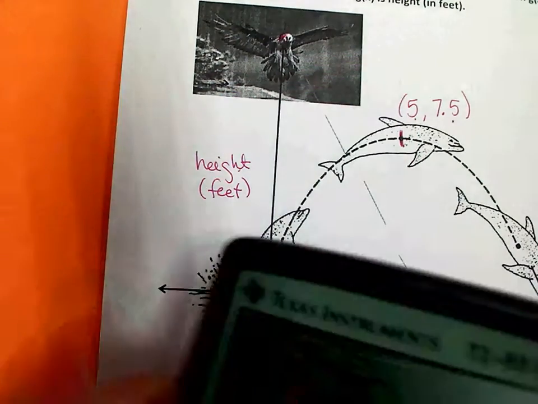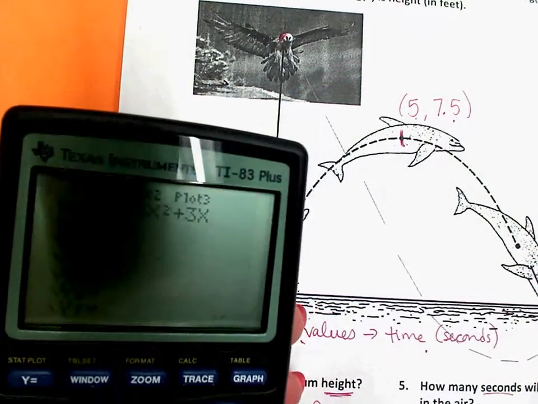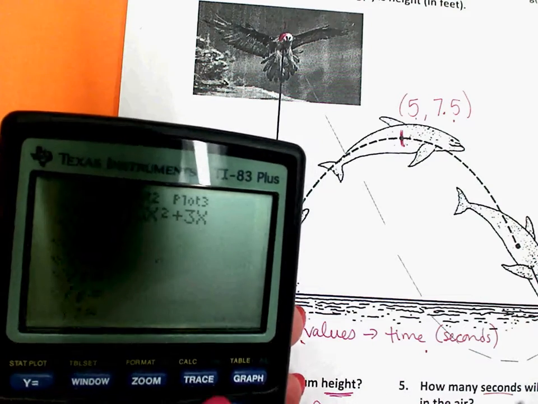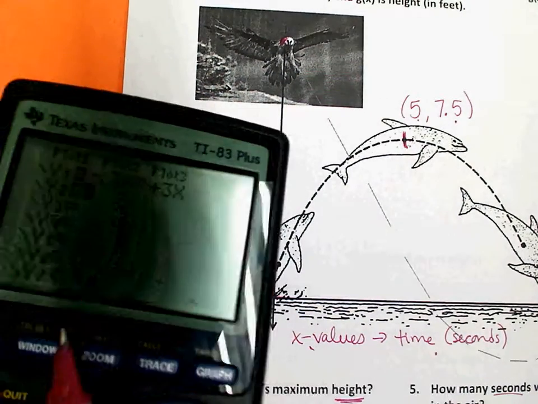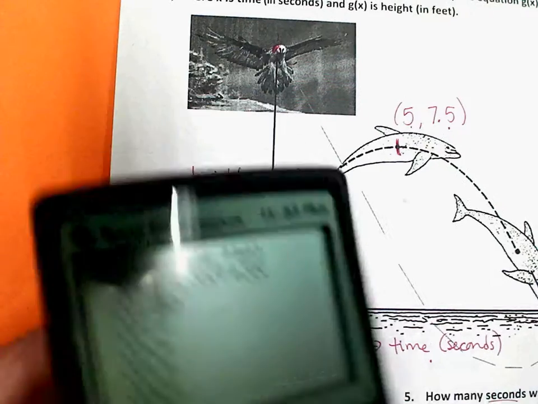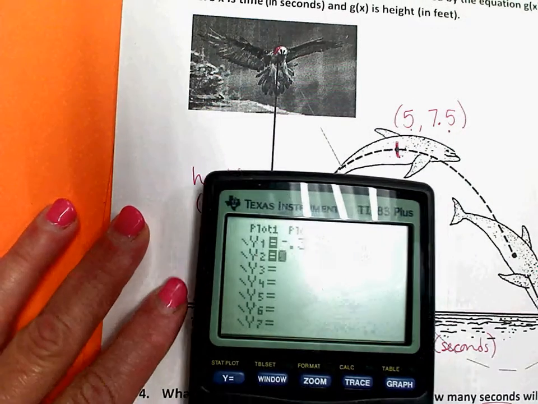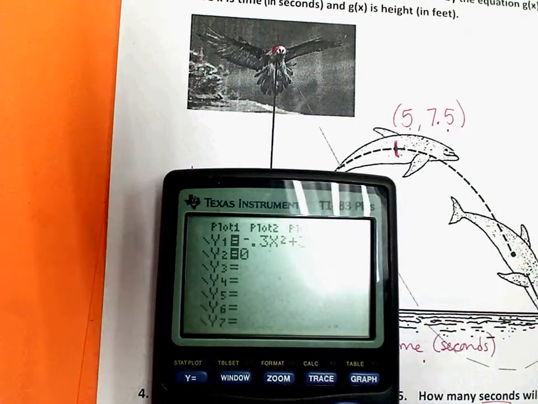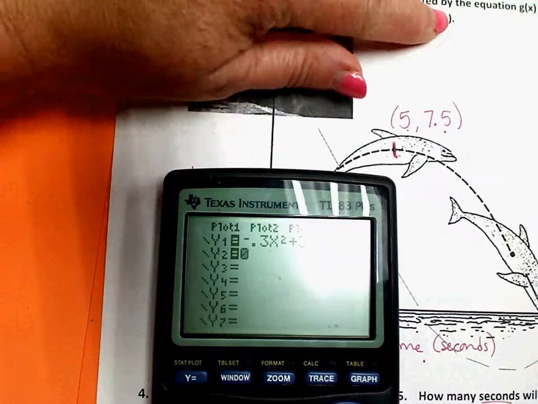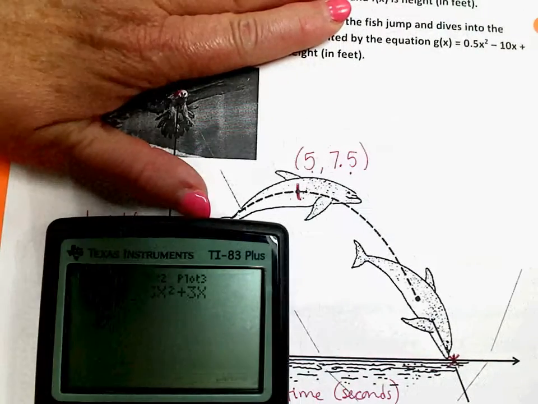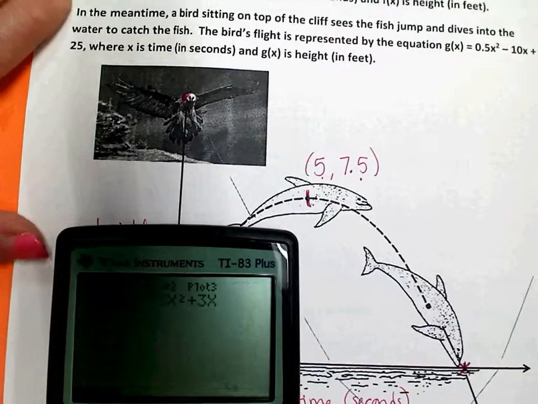So if I put his equation in, I'm going to trade him for equation number 2. I'm going to take that 0 out and put him there. His equation is 0.5x squared minus 10x plus 25.